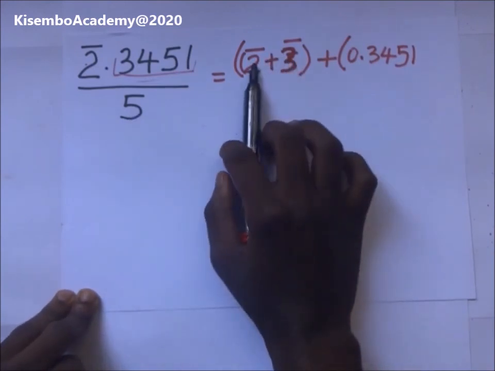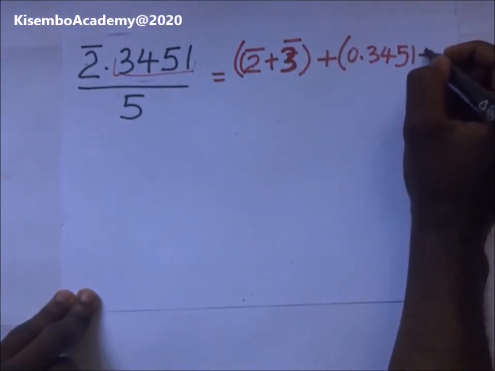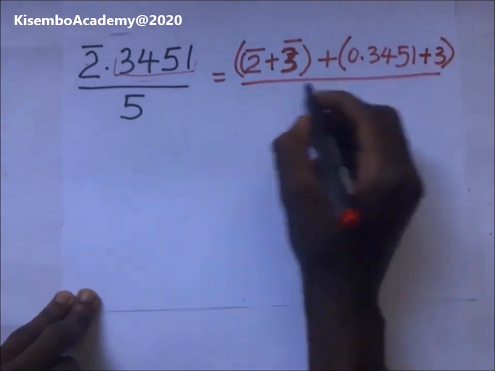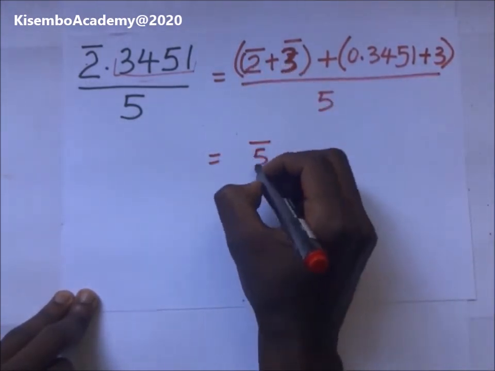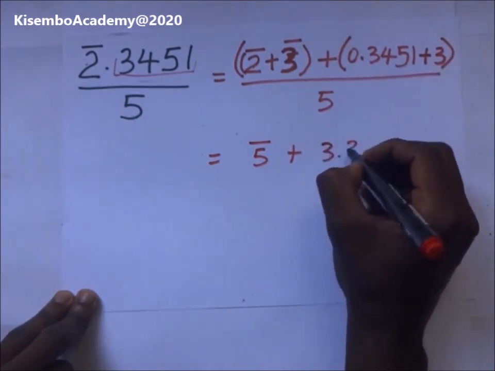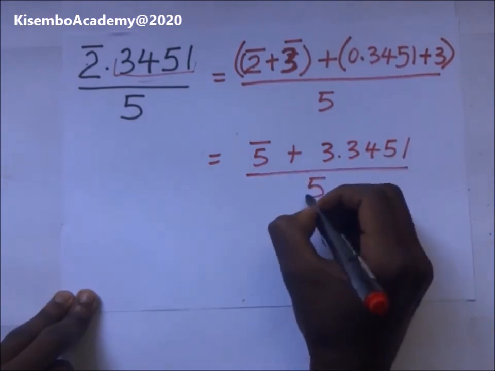So we shall end up with 5 bar plus 3.3451. Divide that by 5.